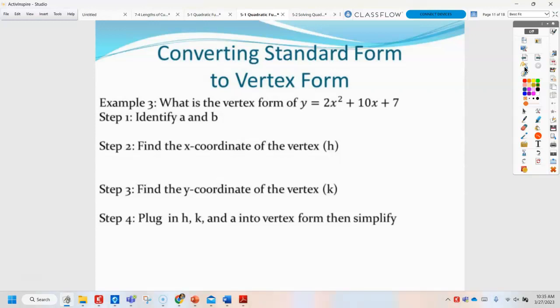So to go from standard to vertex, I need to know what is A and what is B. So A is 2 and B is 10. My H value is always going to equal the opposite of B divided by 2A. So in this case, negative 10 divided by 2 times 2.